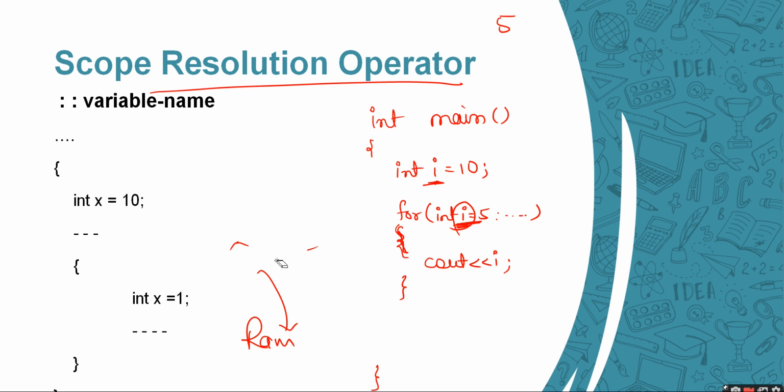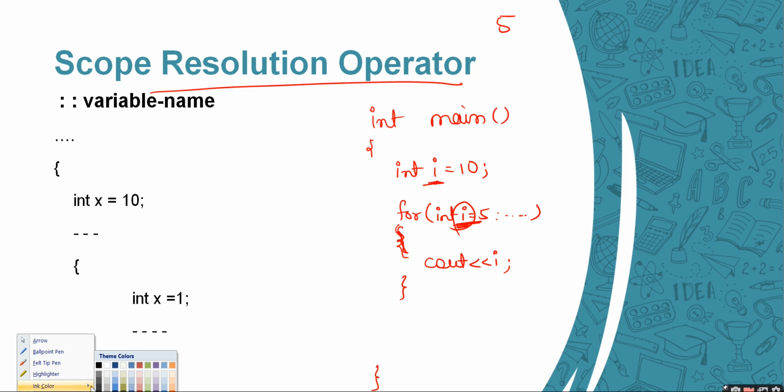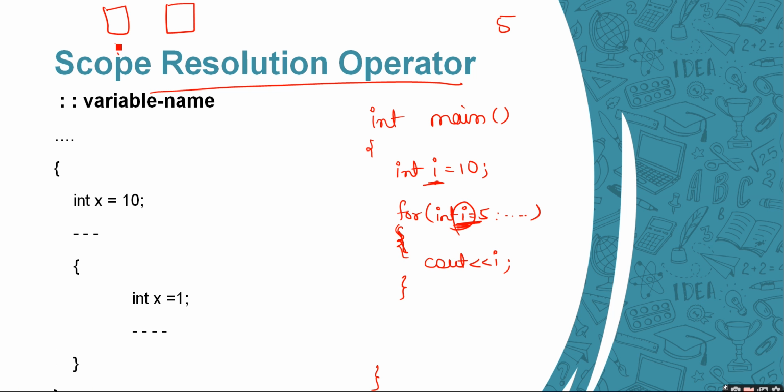In the same way, here we have two variables with the same name i, but obviously they are different, not the same one. There will be two memory locations, one for each of them. One i has stored 10 and one i has stored 5, right?